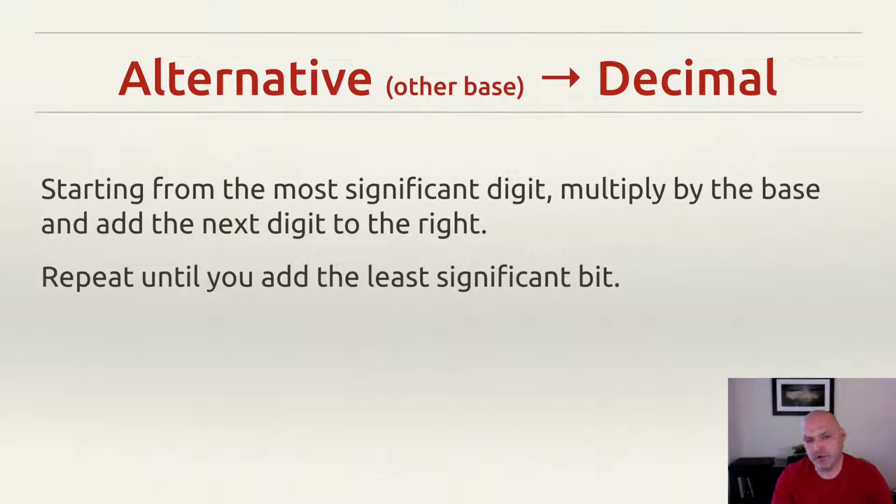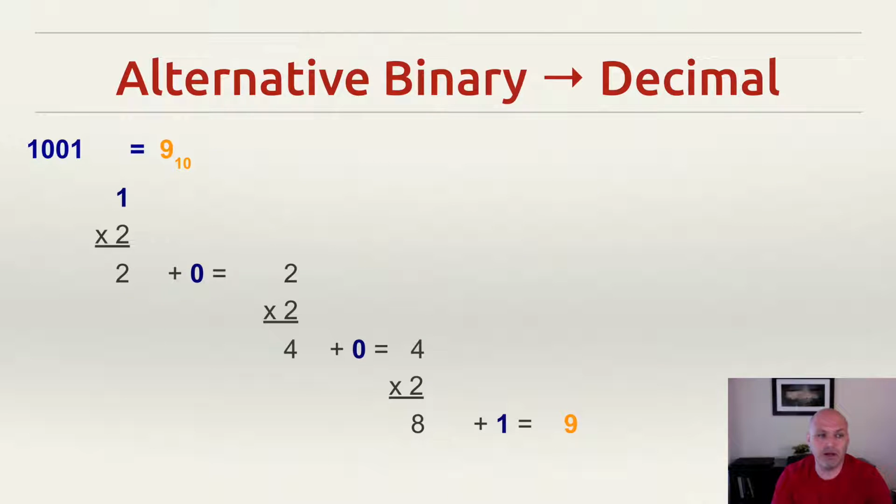What we're going to do is start from the most significant digit and multiply by the base. Then we add in the next digit to the right, and repeat this pattern until we've added in the least significant bit. Since we're doing binary to begin with, let's look at 1001 and convert it to decimal. We take the first digit, which is a 1, and multiply it by the base, which is 2. That gives us 2. We then add in the next digit.